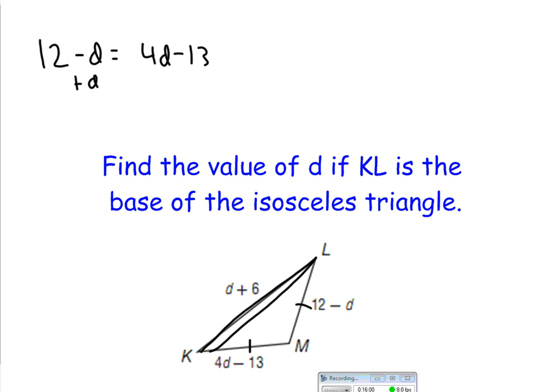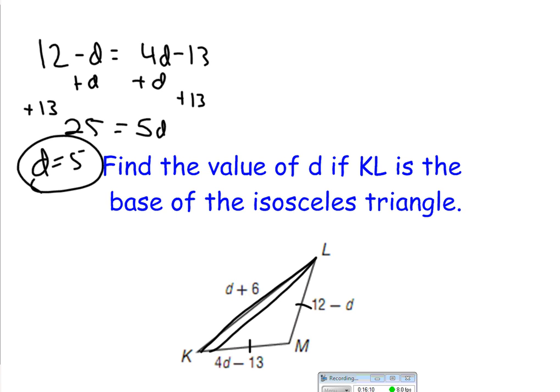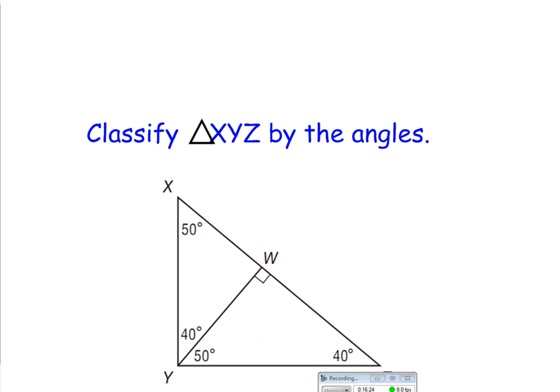If I move some things around, 5d equals 25, so d is going to equal 5. They're isosceles, they're congruent to each other, I set them equal to each other. That's very nice. So the value of KL is going to be a whole whopping 11. That's not what they want, they just wanted d.